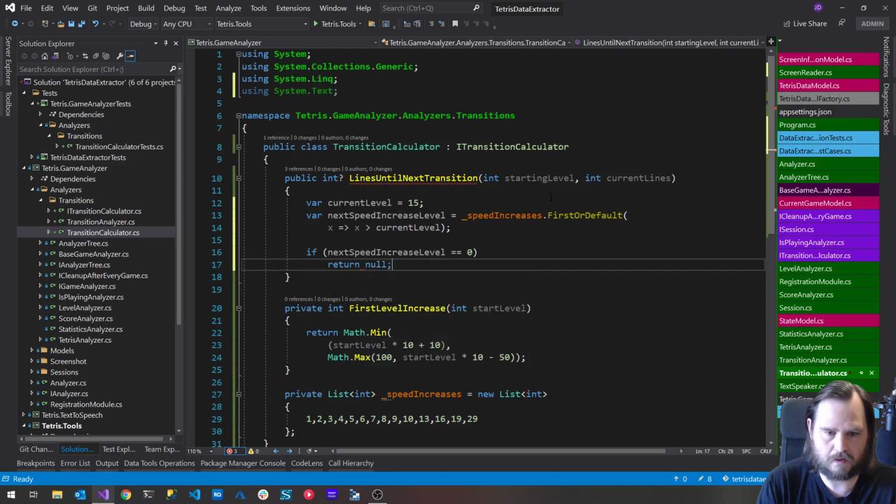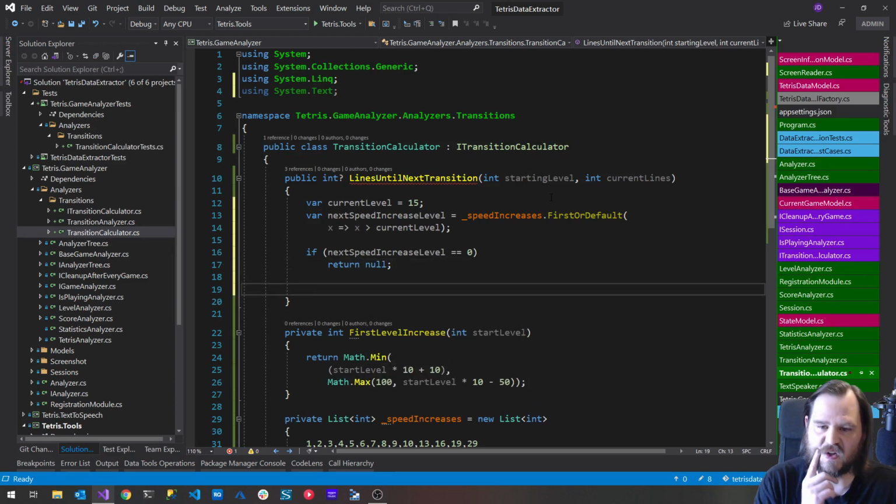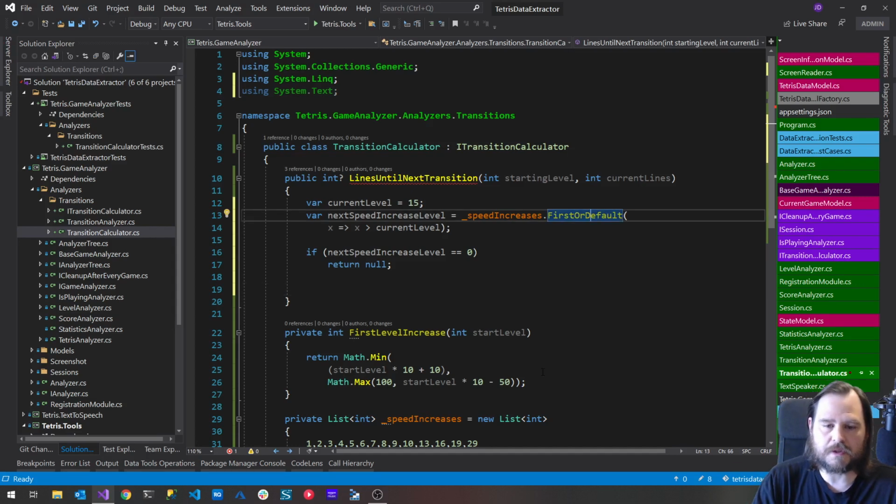Return null. First or default will say, hey, I didn't find one, so I'm going to give you the default integer, which is 0. 0 is never a speed increase, so we're just going to capture it here and return null.